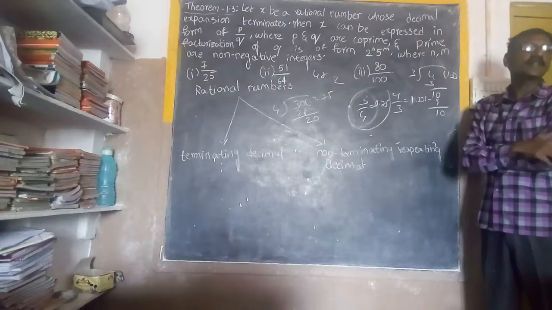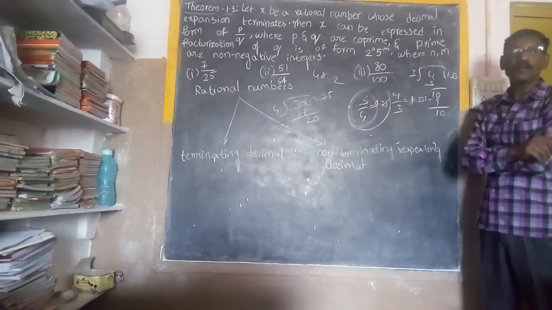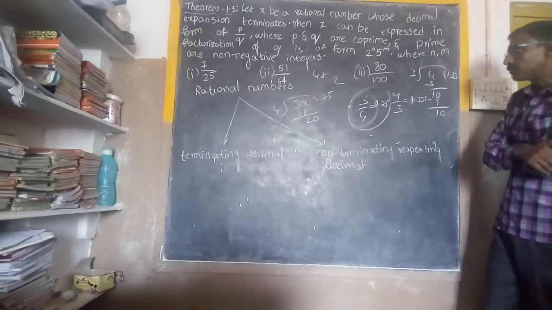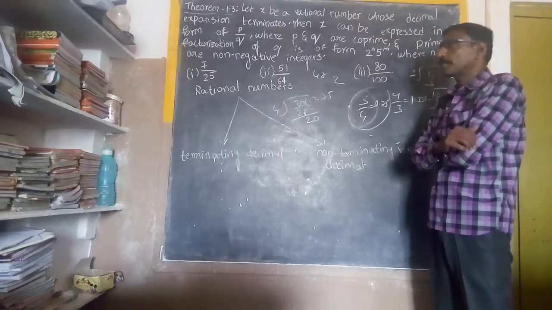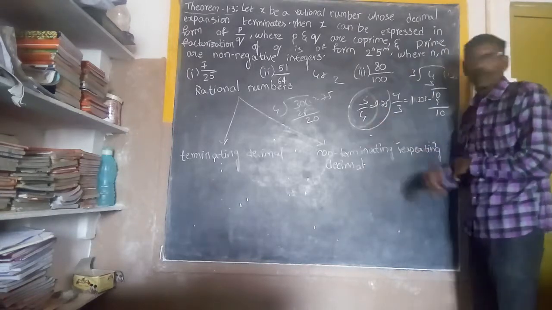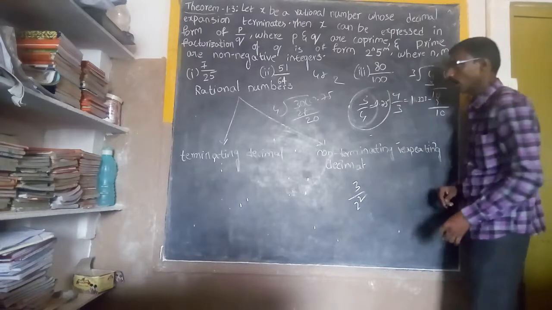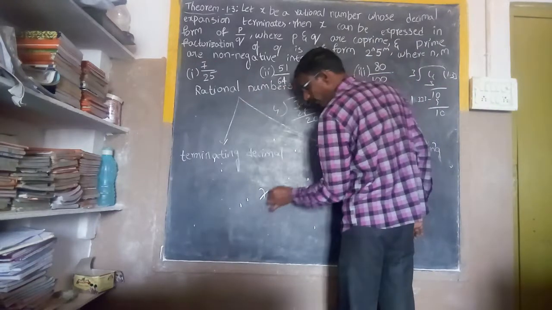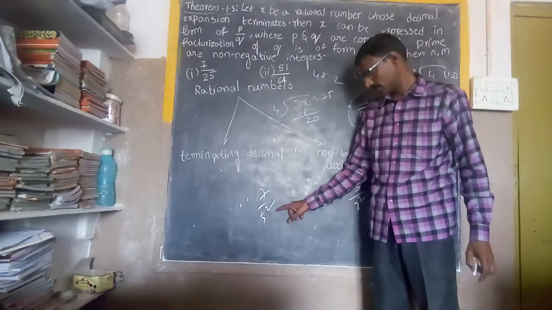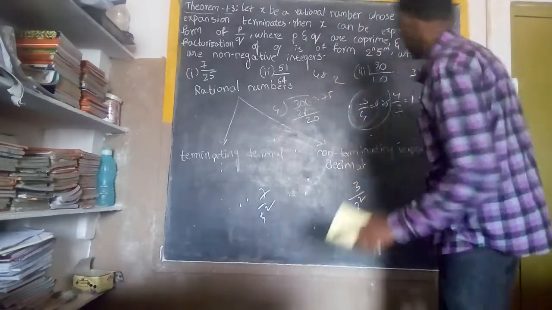By this theorem, you can say directly, without actual division, which is a terminating decimal and which is a non-terminating decimal, by observing the fractions' denominators. Suppose you take 3 by 4, you can write 3 by 2 square. If you observe the fraction 7 by 5 square, it also gives a terminating decimal. Let us see how to do that one also.